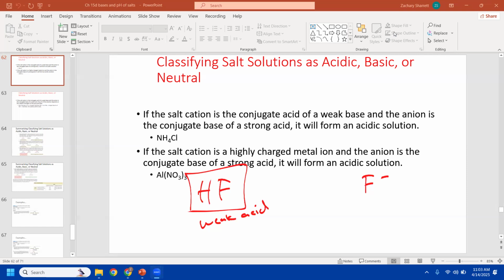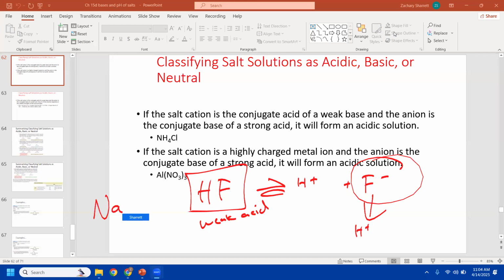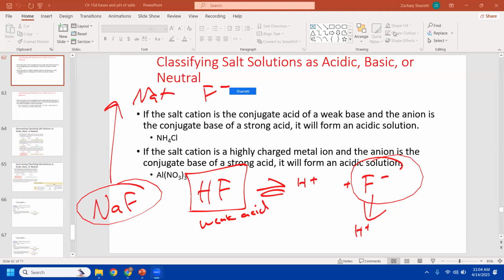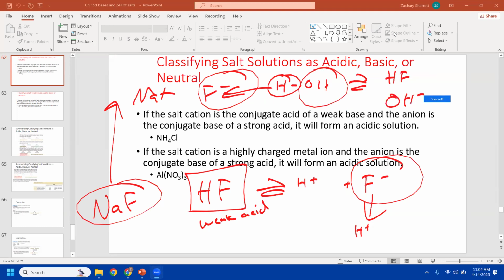So when this dissociates into H plus and F minus, this F minus likes to grab H plus. If we just had a solution of sodium fluoride, for example, NaF making Na plus and F minus, the F minus would react with water and grab the H off of water to make some HF, which would liberate OH minus.